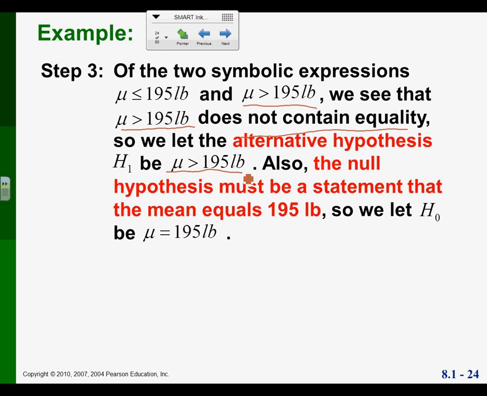Mu is greater than 195. The null hypothesis is equal to the target number. So the null hypothesis: the mean equals 195 pounds. The alternative hypothesis is the mean is greater than 195. Okay?